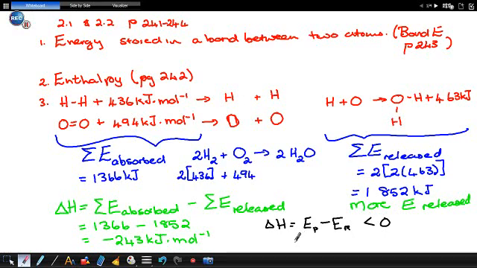So it also means that the product is more stable than the reactants. So water is more stable than hydrogen and oxygen on its own, which makes quite a lot of sense. And this reaction is called an exothermic reaction.